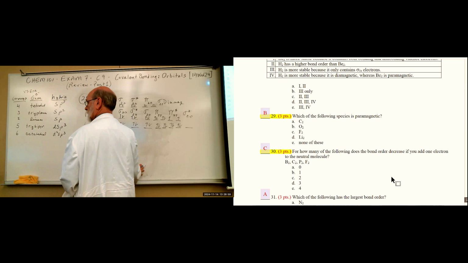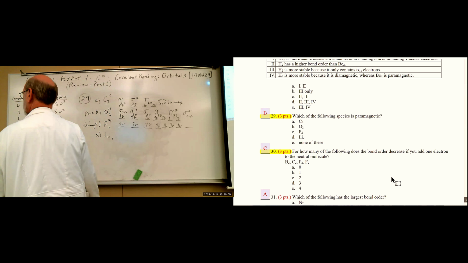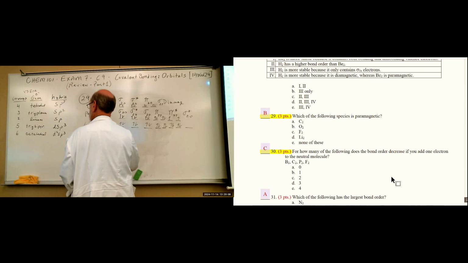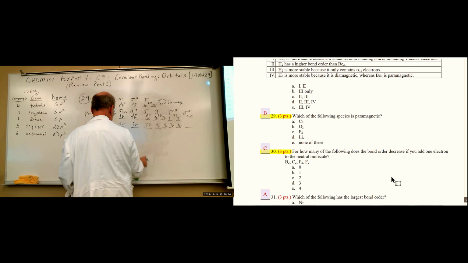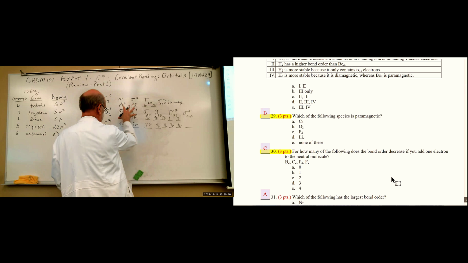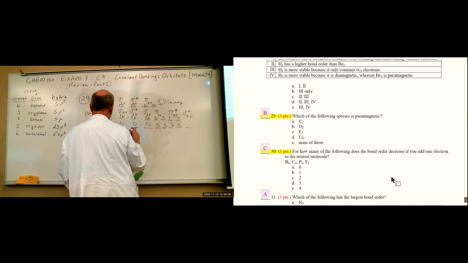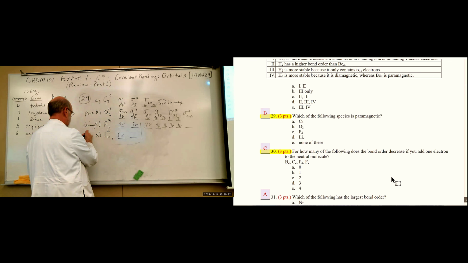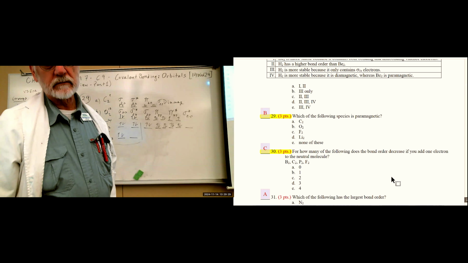Lithium, we're only dealing with 2 valence electrons. So actually, we're only looking at this right here. Lithium is diamagnetic. So the only one that's paramagnetic is oxygen.